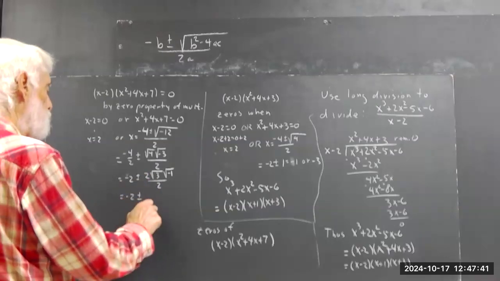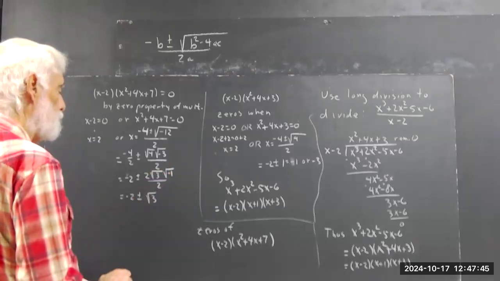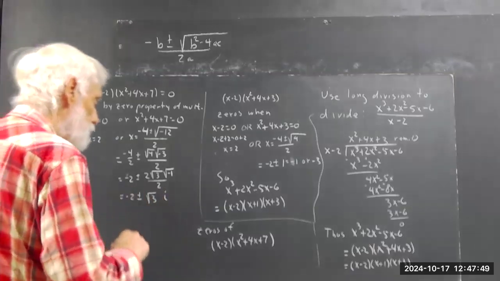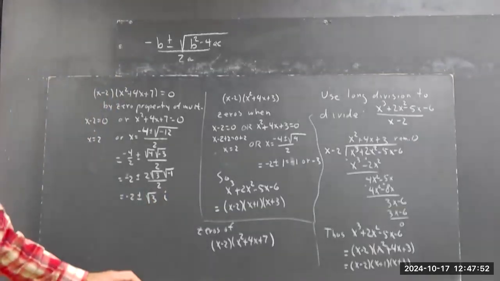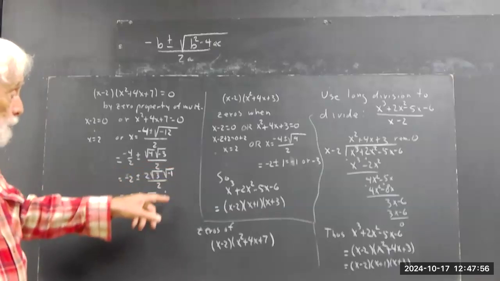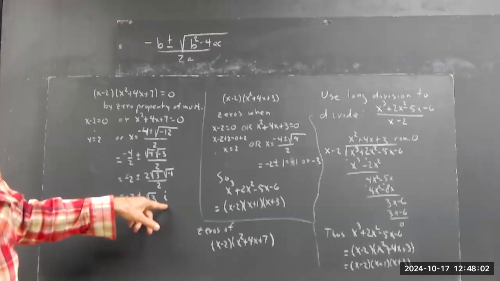And 2 divides the 2, and we get the square root of 3 times the square root of -1. But as you should know, you would have gotten this in your algebra classes, that the square root of -1 we call i. It's an imaginary number. It's the basic imaginary number, and it has the property that i squared equals -1.